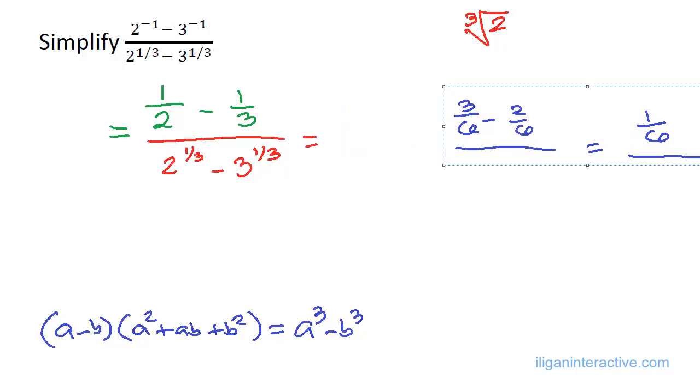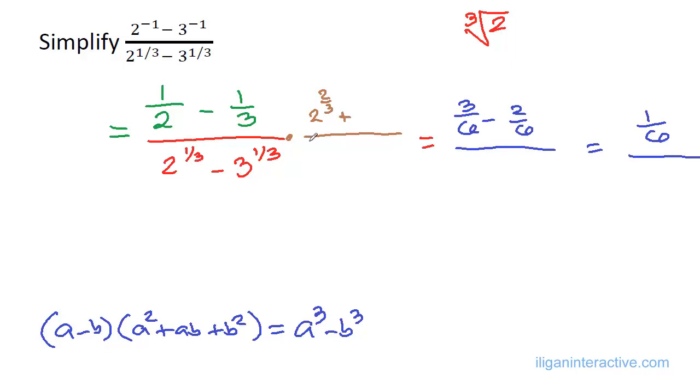Okay, so here let me multiply the top and the bottom by this factor, a squared plus ab plus b squared. A here will be 2 to the 1/3. So a squared will be, sorry, 2 to the 1/3 squared, it's 2 to the 2/3, because you square a 2 to the 1/3, it will become 2 to the 2/3, plus ab.